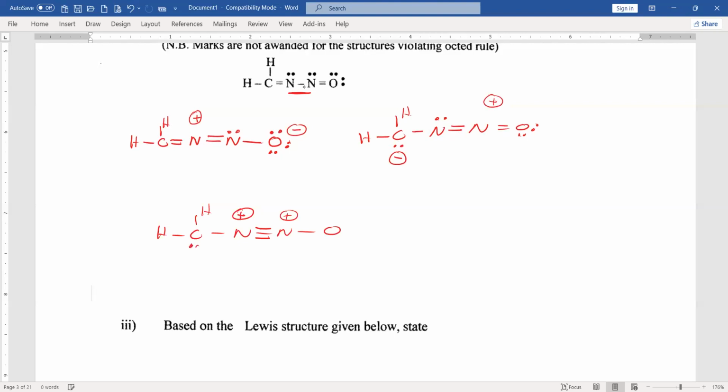Therefore, you can put a lone pair in order to achieve the octet requirement. And on this, you can put a negative charge. So this will be another structure for the given skeleton or given molecule. So I have drawn 3 structures here, but they ask only 2.